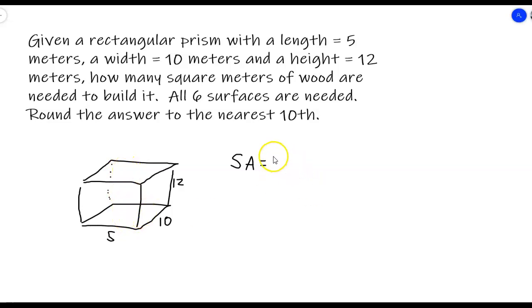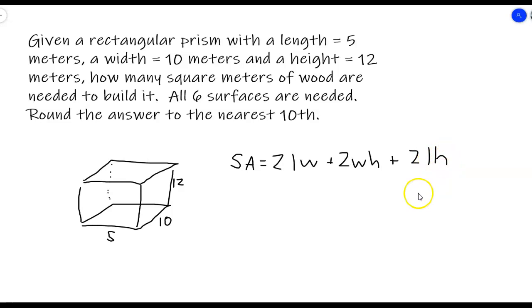So that's going to be 2 times, and the area of one of them is length times width, plus the 2 sides here. So this is going to be width times height. So plus, since there's 2 of them, 2 width times height, plus, and then the front and the back is going to be length times height. So plus 2 length times height.